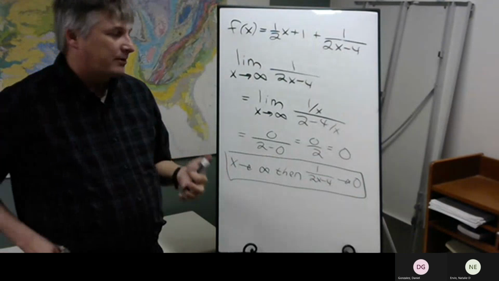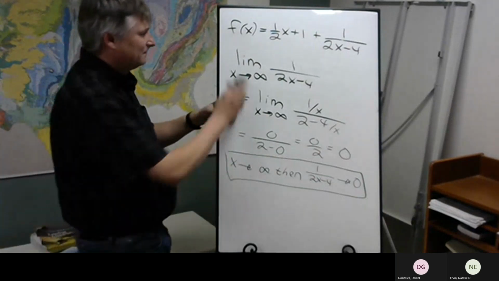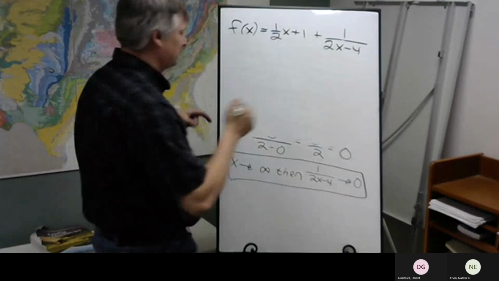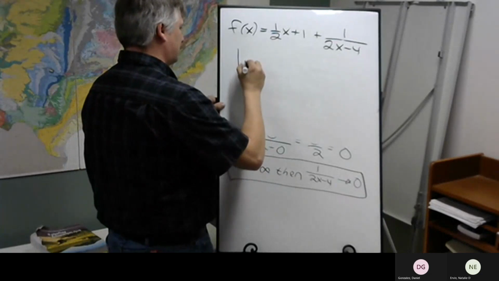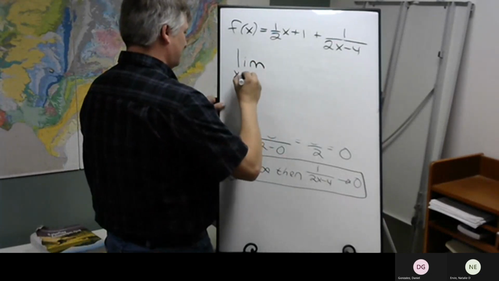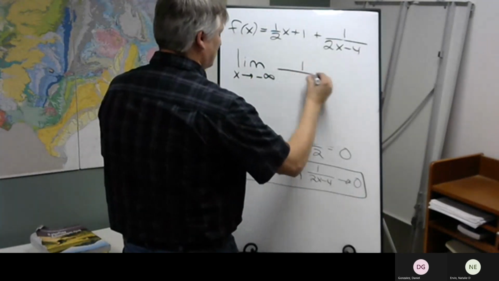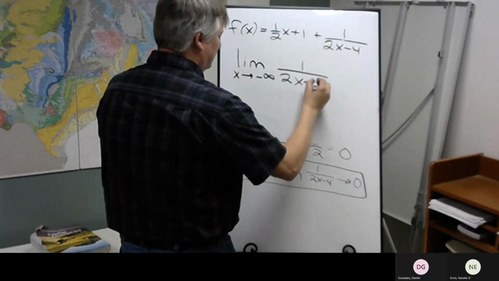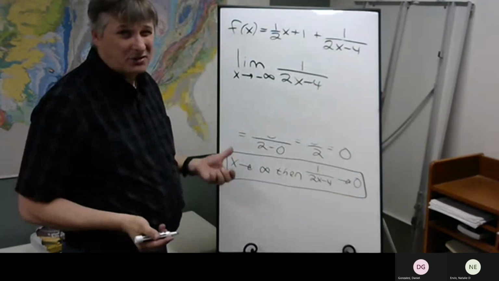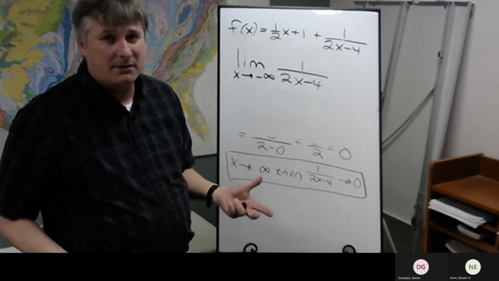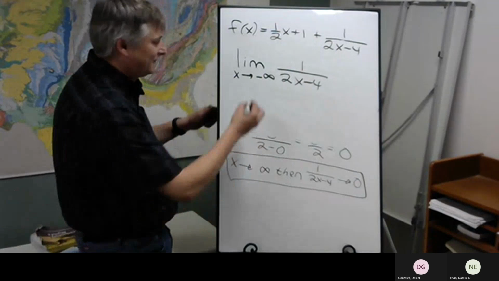Now let's take a look at x going to negative infinity. And we're going to do the same thing. Like we're dealing with limits as x goes to infinity or negative infinity, we're going to try dividing by the largest power of x.